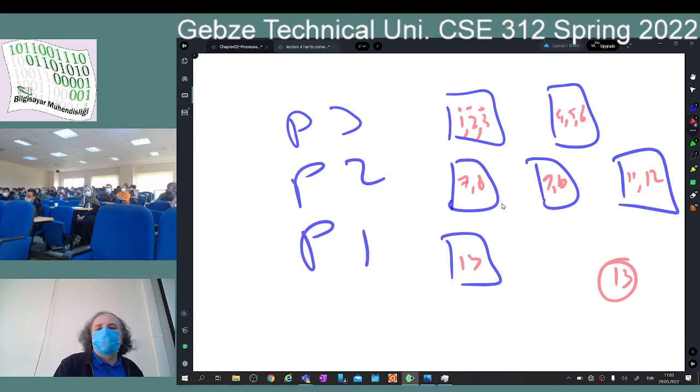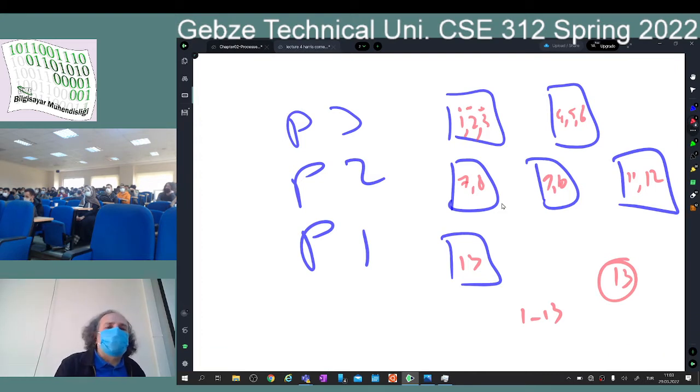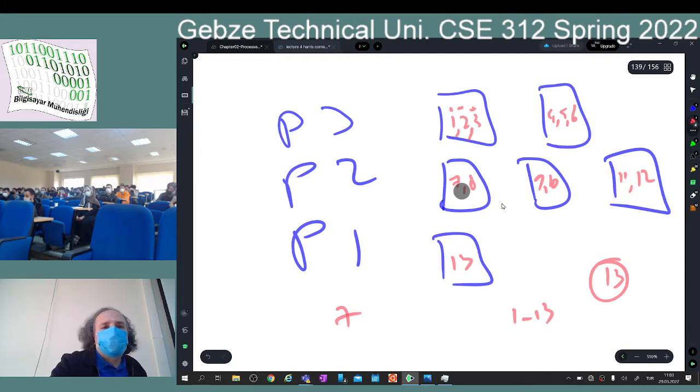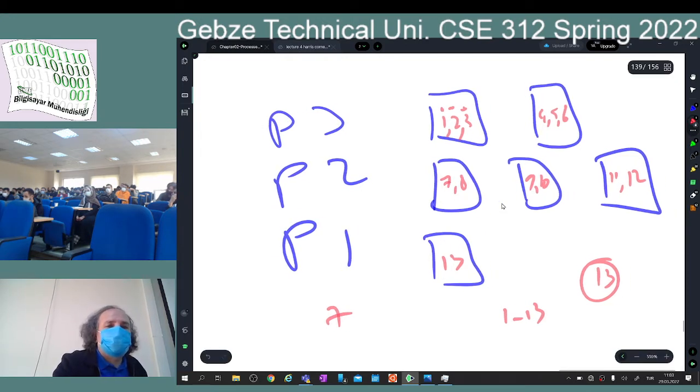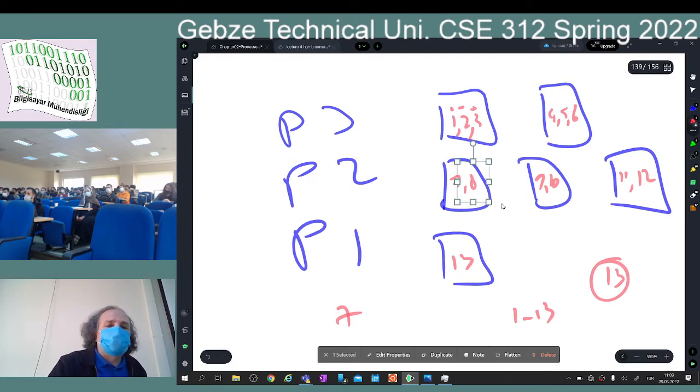Now I am drawing a random number from 1 to 13. Let's say it's a uniform distribution. Let's say I picked 7. 7 is here, so P2 gets to run. This process gets to run, even though it has a lower priority than these 2.